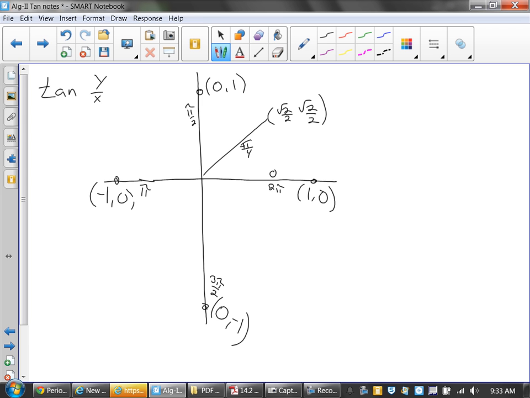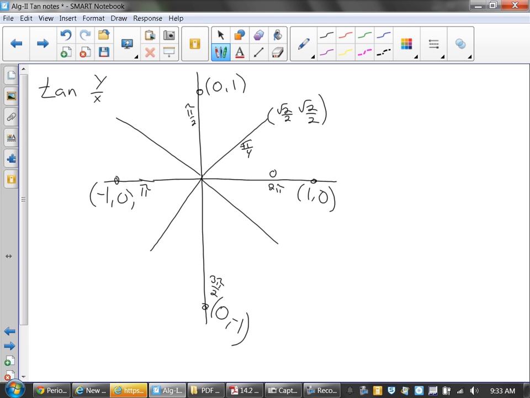So it was positive 1 here, negative 1 there, negative 1 here, excuse me, positive 1 here, and then back to negative 1 there. So as you're going around, at the multiples of pi over 4, tangent was either 1 or negative 1.